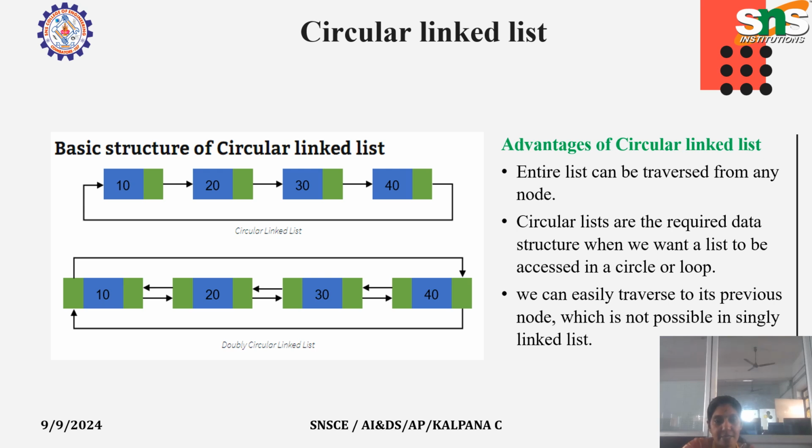Next, the advantages of circular linked list. What is the purpose of connecting the first node, that is the head node, and the last node? There should be some advantage, right?